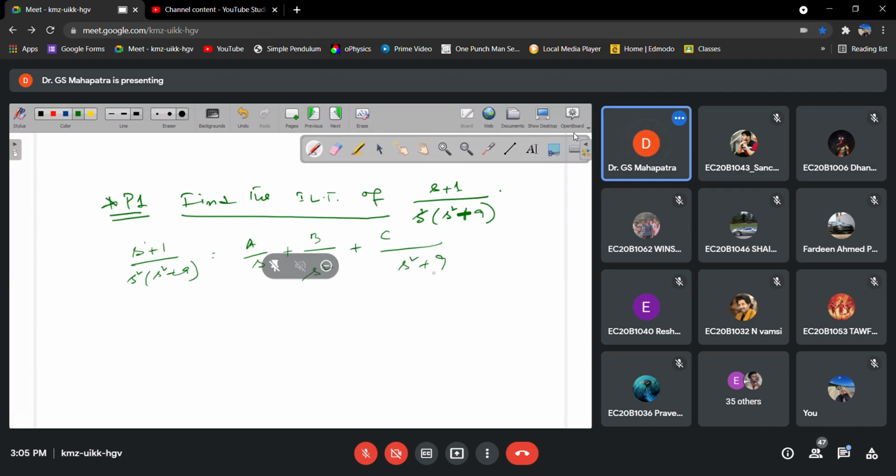Now you can find A, B, C values. So this part is your part now. A, B, C.